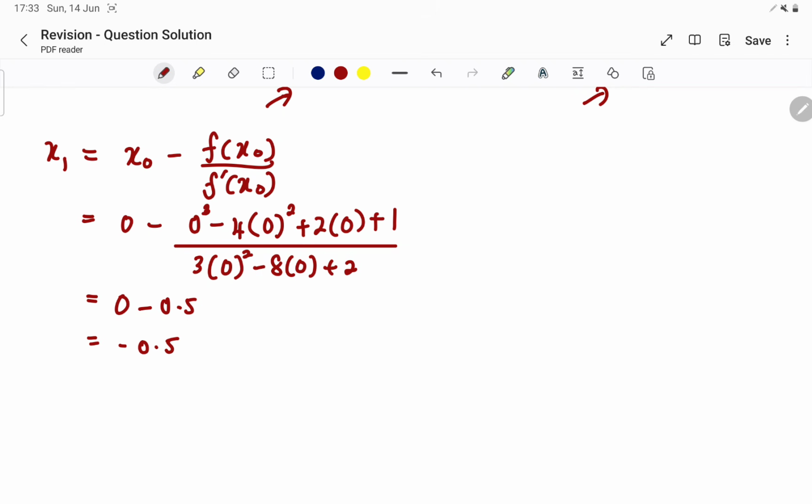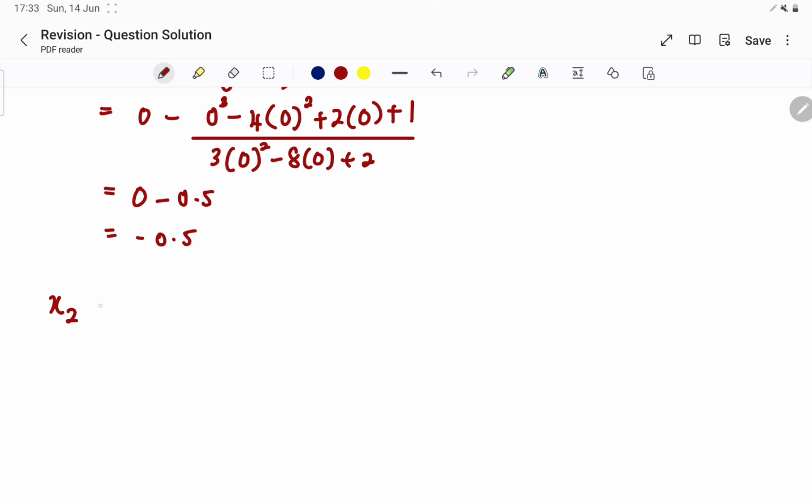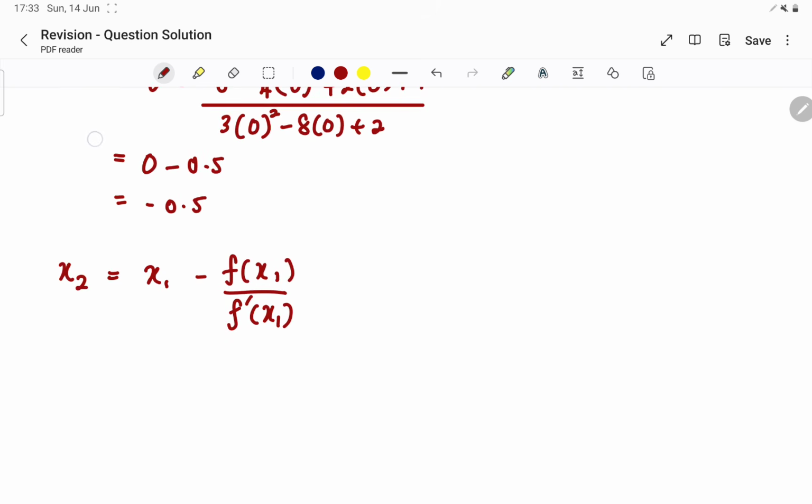You have to do this process again and again. For x2, you get x1 minus f(x1) divided by f prime of x1.